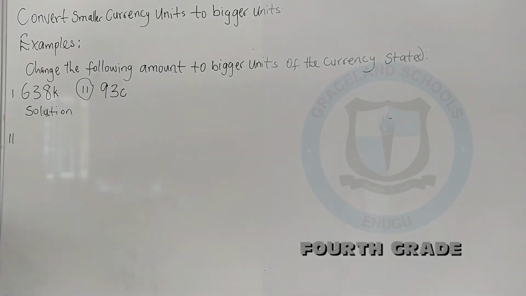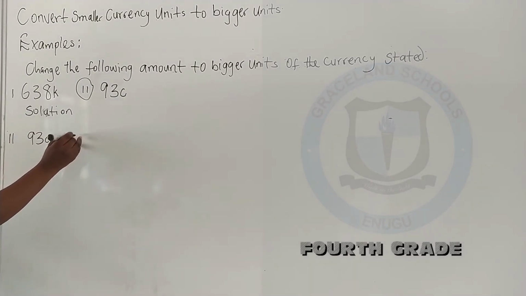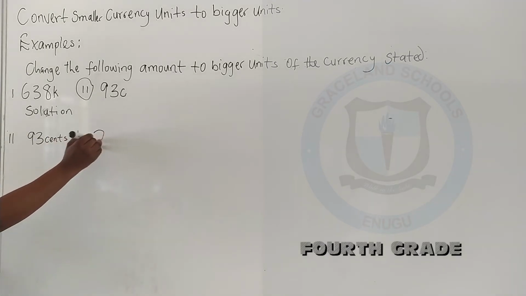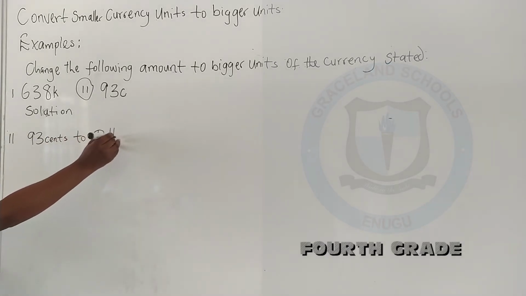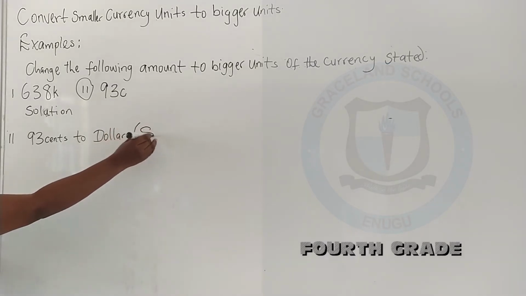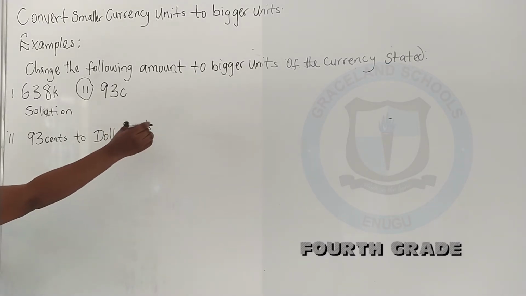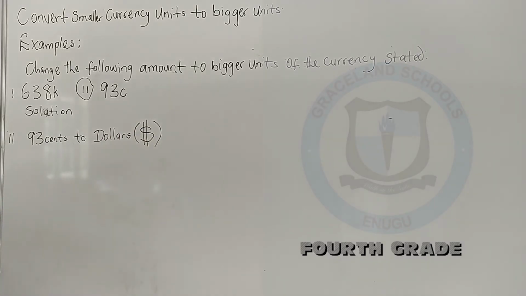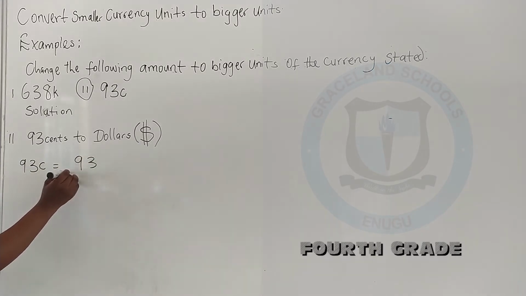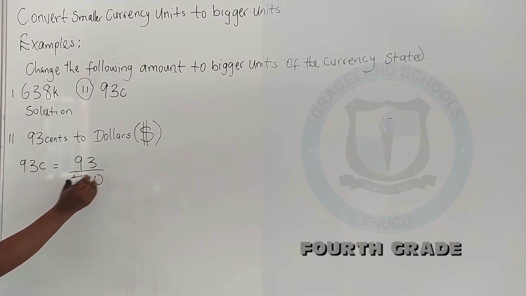Second example, 93 cents to dollars. 93 cents equals 93 divided by 100.